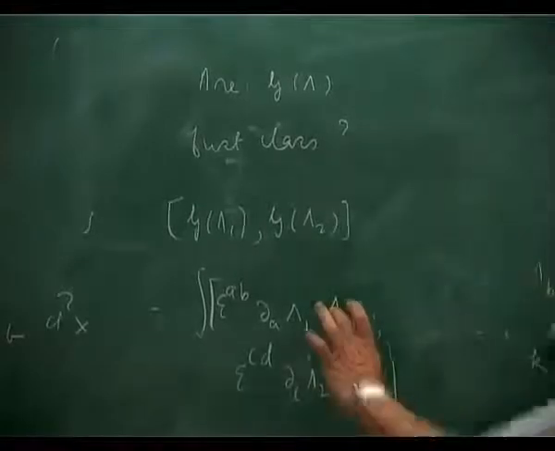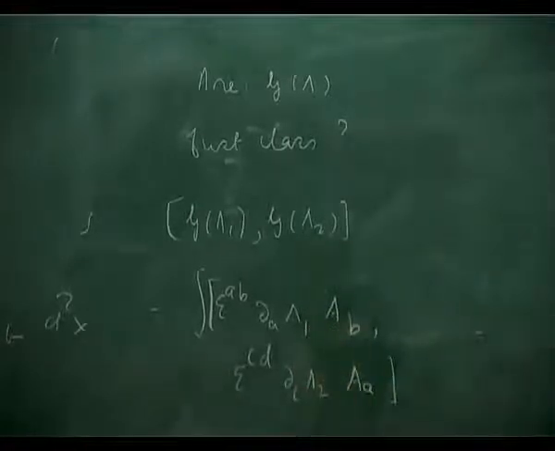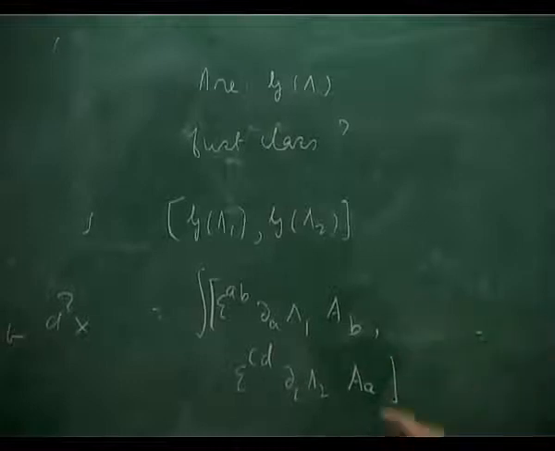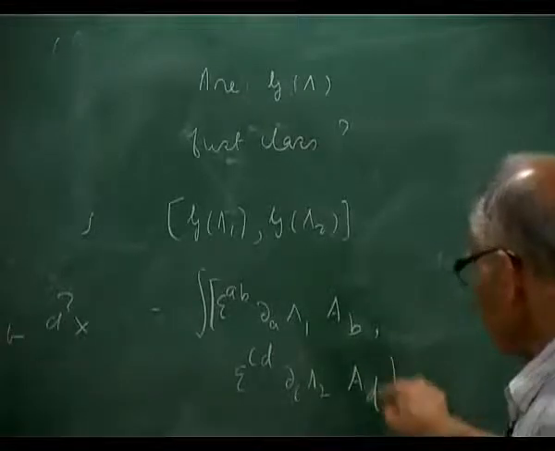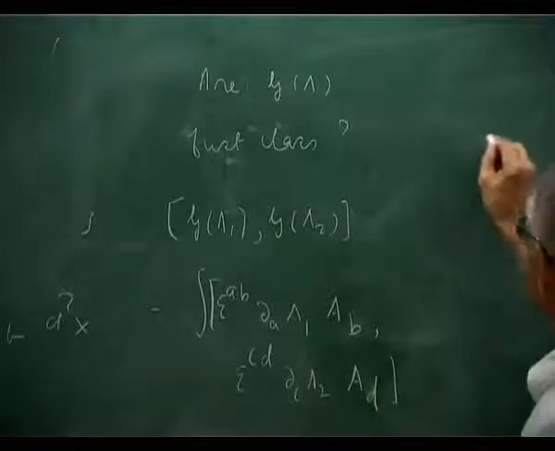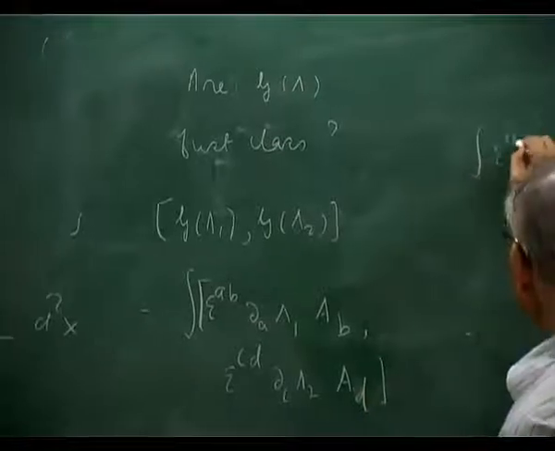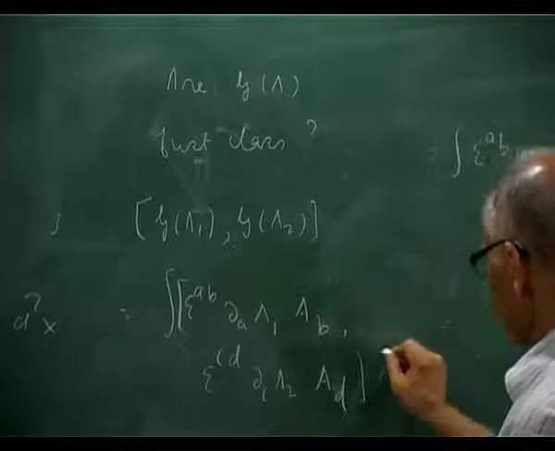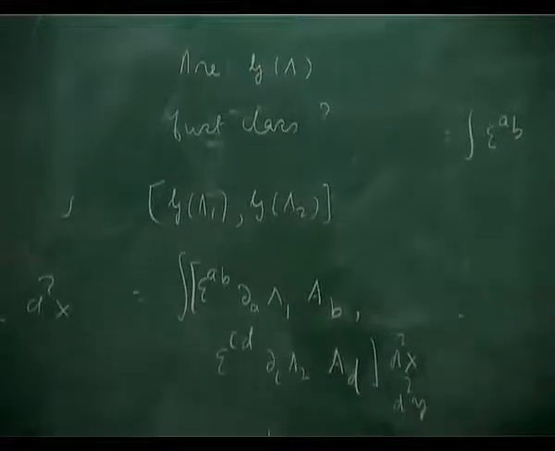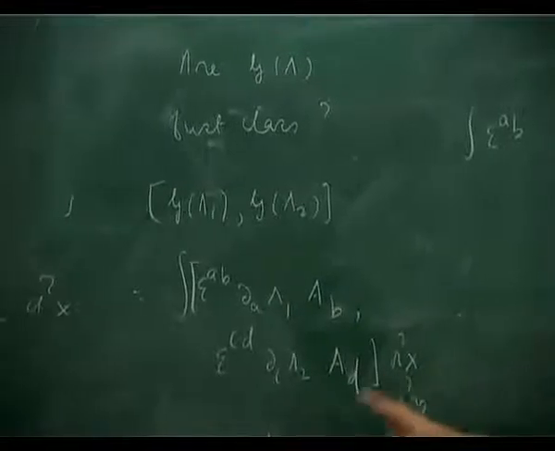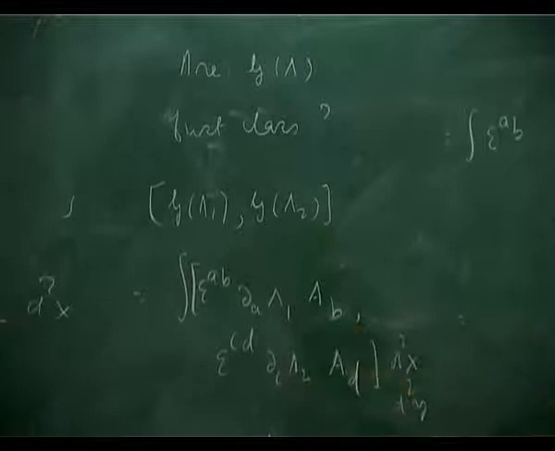But this commutator we know, A B with A D. So this is equal to epsilon AB, and here there are two integrations, d2x, d2y. One of them is x and the other is y.